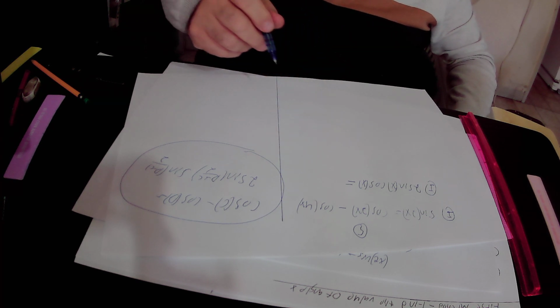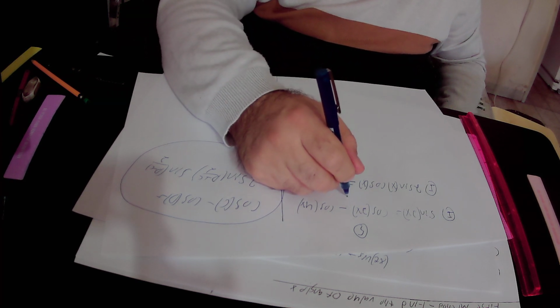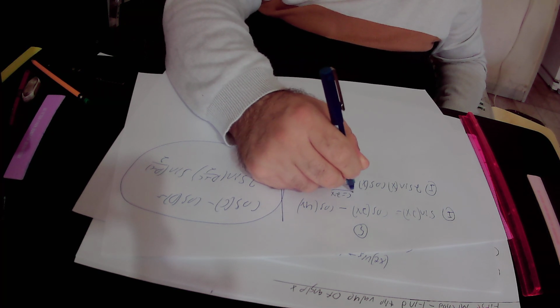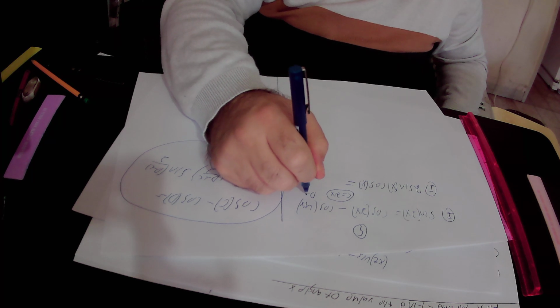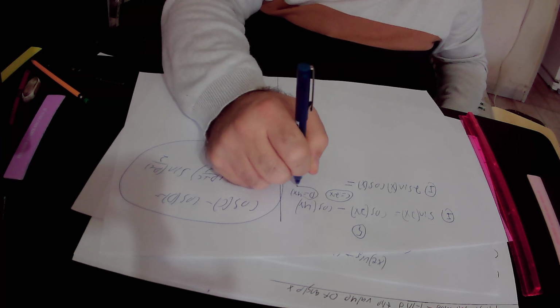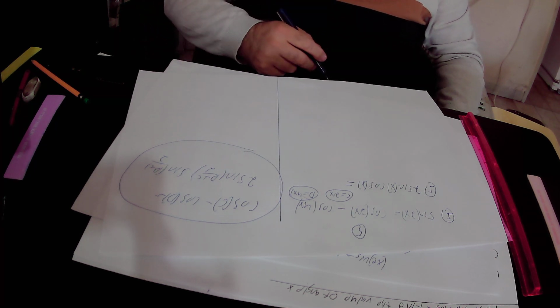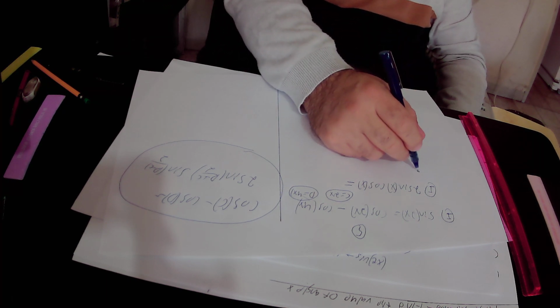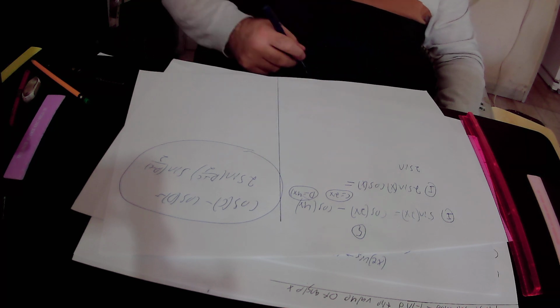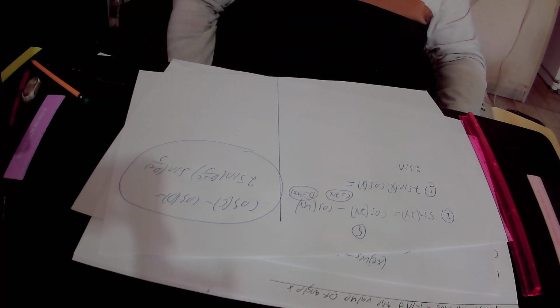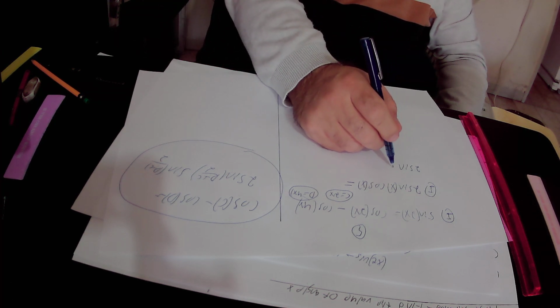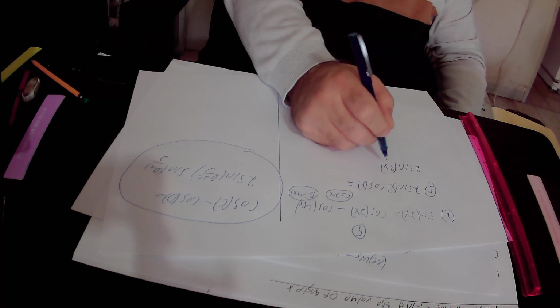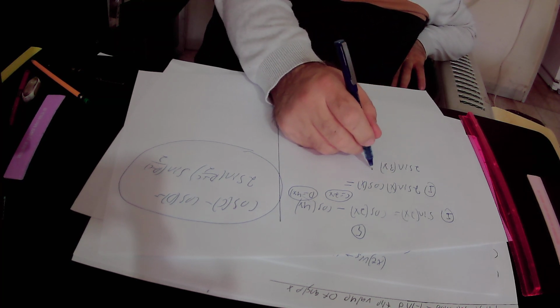Here C equals 2x and D equals 4x. So C plus D is 2x plus 4x, 6x, and over 2 is 3x, and we have to multiply it by sine (D minus C) over 2.